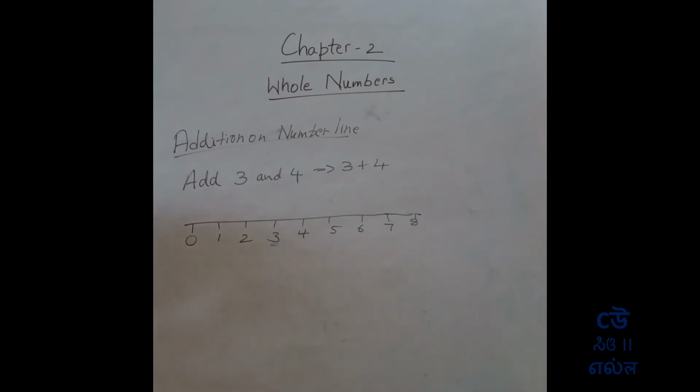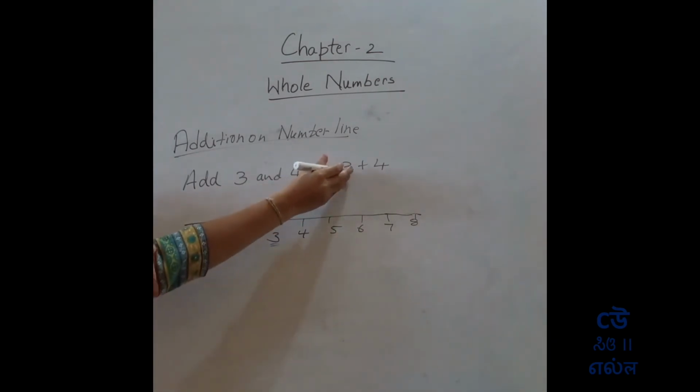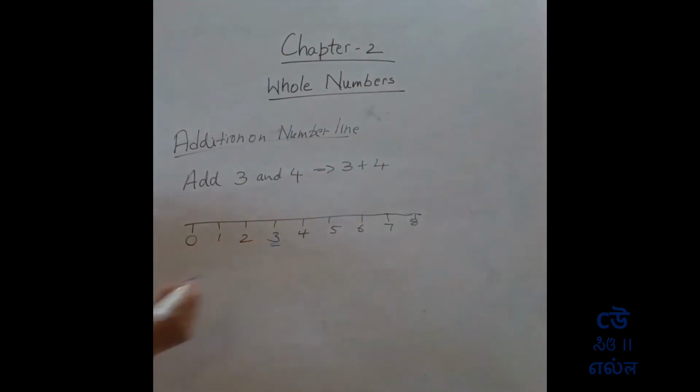First there was 3. So we have to start from 3, since we have to add 4 to 3.